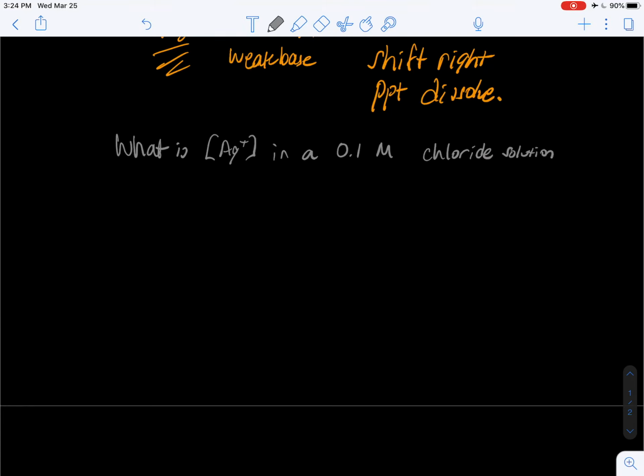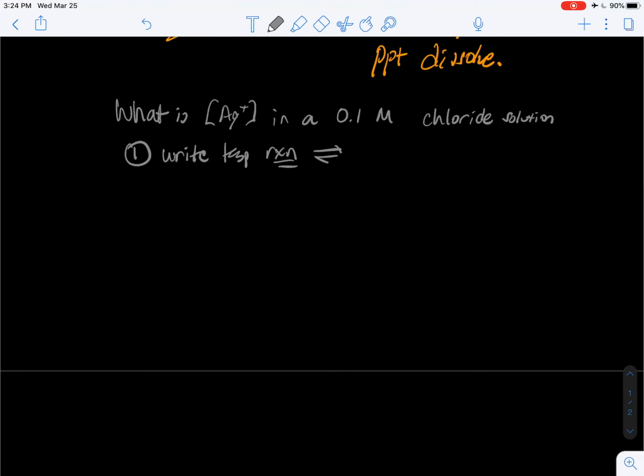So what we want to do is write the KSP reaction out, okay, with the equilibrium arrows and the aqs and stuff. So we've got AgCl. I'm going to do it the long way first, and then I'll show you the short way. So AgCl is this, and then we have silver ion aqueous and chloride ion aqueous.